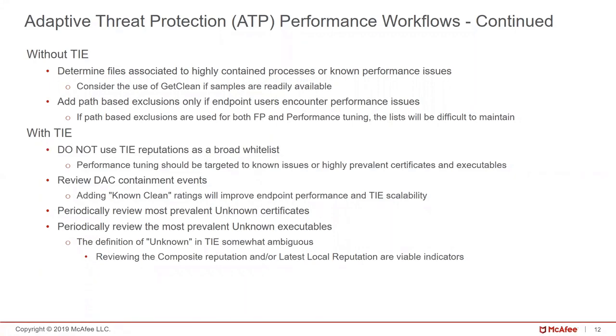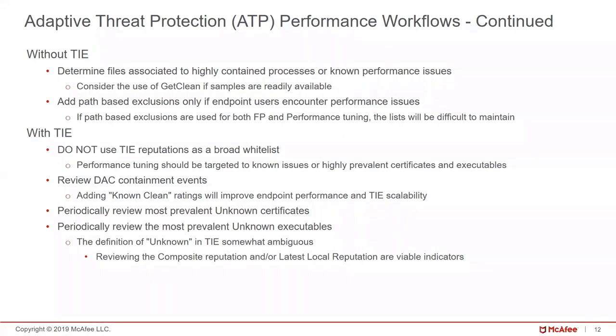Most customers will be using, in an enterprise environment, ENS, ATP, and usually a TIE server. They may or may not have the ATD component, and then on top of that, they may or may not have the MAR component. So if you have a TIE server, you're going to be able to make those determinations on those processes, your own workflow.